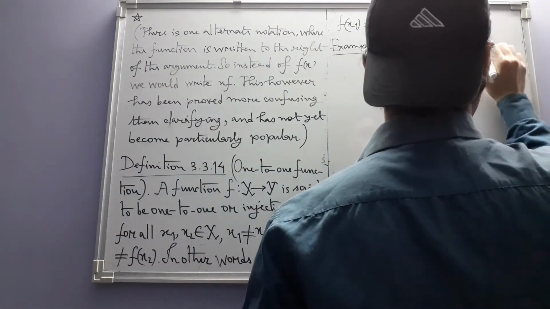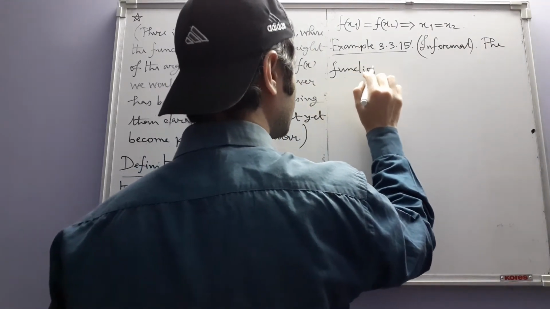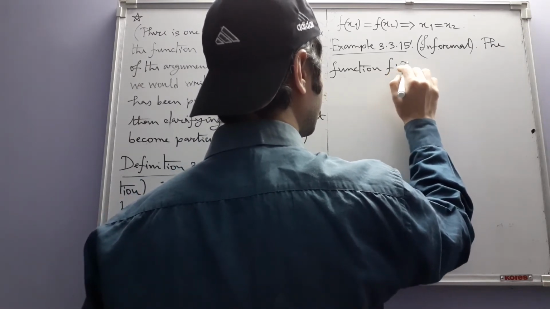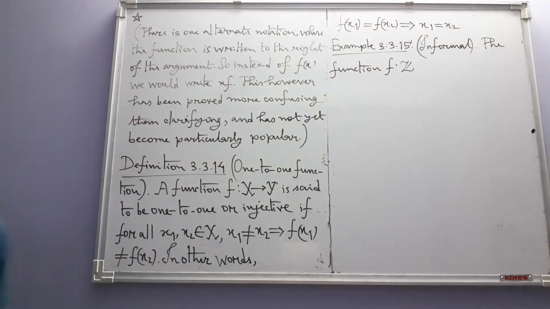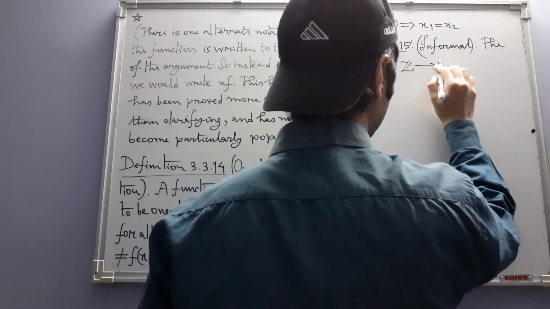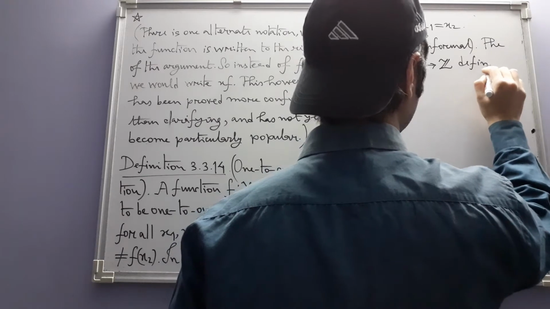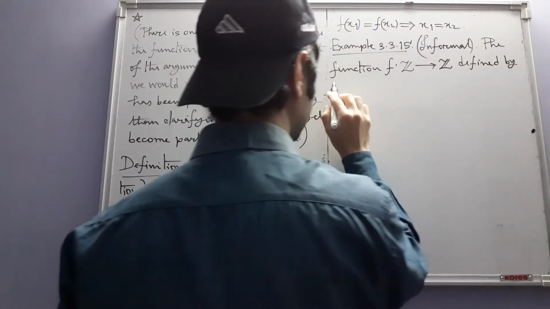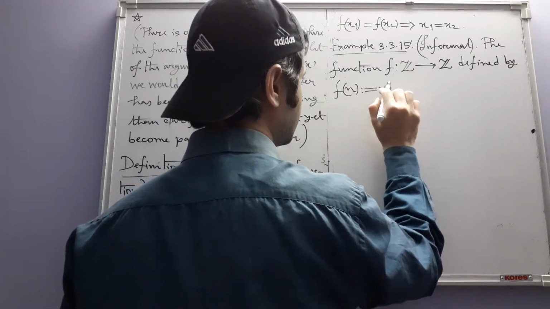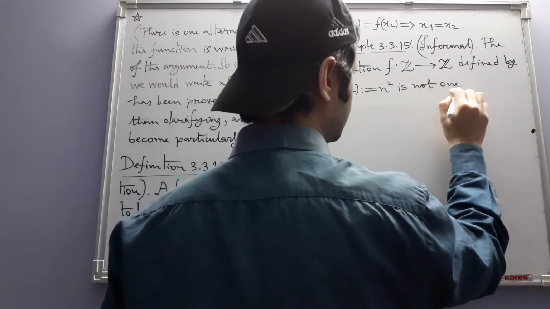So the function f from the set of all integers into the set of all integers defined by f(n) equal to n squared is not one-to-one.